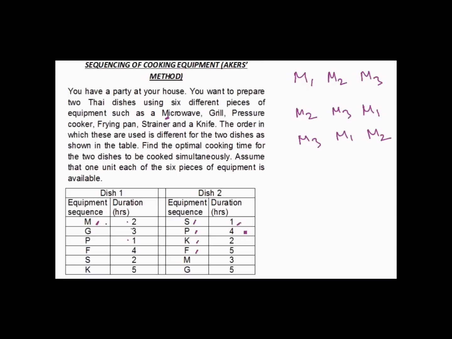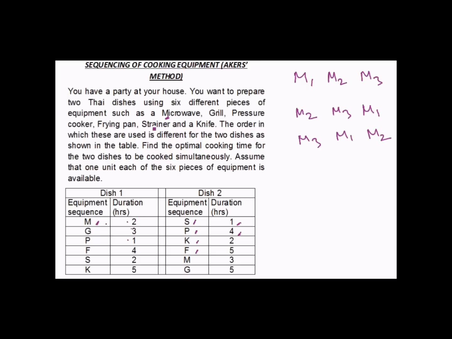So 1 hour we need for the strainer, 4 hours we need for the pressure cooker, and so on. Now, to reduce the overall time, we would wish to process both these jobs simultaneously. However, let's see what happens if we try to do so.